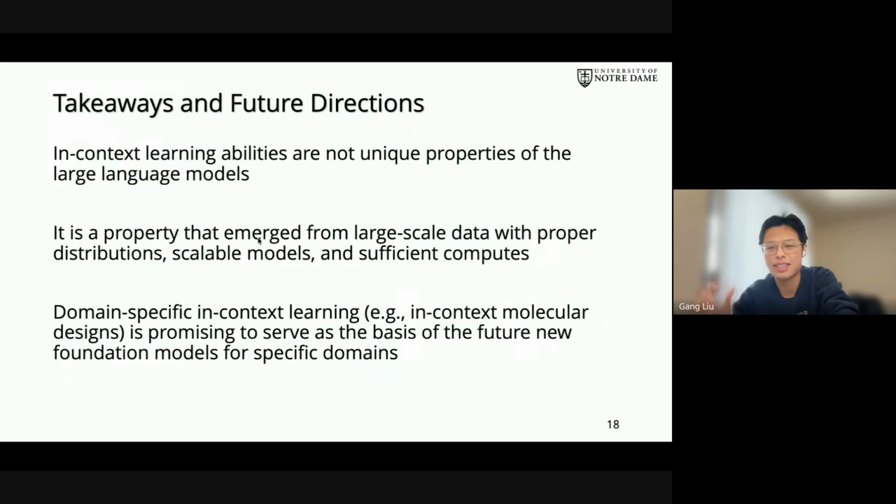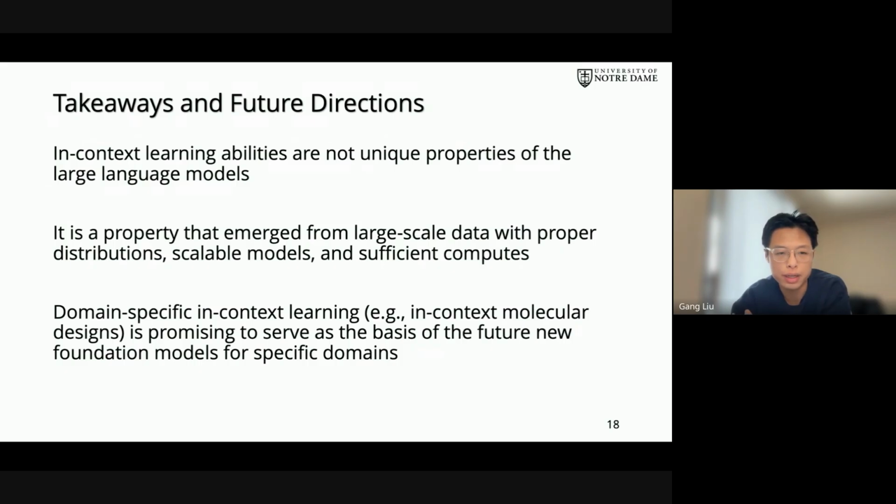I just have one page left, and if you want, you can ask more questions afterwards. Here I want to share a few takeaways. First, we show that in-context learning ability is not a unique property of large language models. It also emerges from large-scale data with proper distribution, a scalable model, and sufficient computing time.